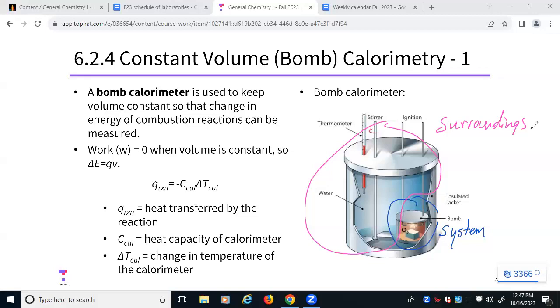So if I can calculate through this heat capacity and this delta T the heat that went into this chamber, I know based on the first law of thermodynamics, all of that heat that went in here came from here. So I just use the fact that it's equal and opposite to my advantage. This is going to go up in temperature, which means that its value for Q is going to increase. Which means that the reaction itself actually had to have released energy in order to do that.